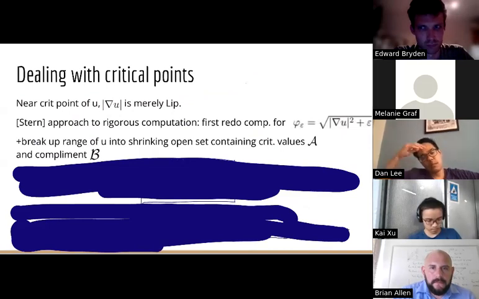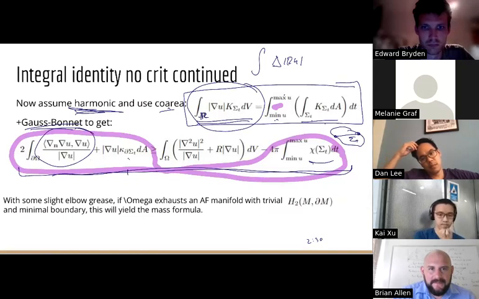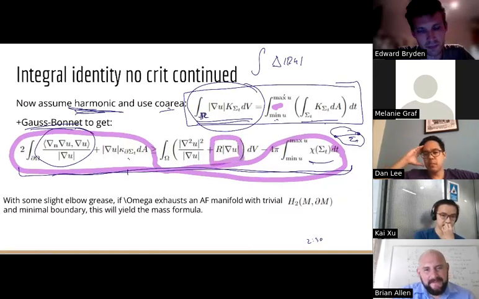May I ask a question? Please. Is there any reason that you would expect the mass to pop out at this point? Good question, and the answer is absolutely, because you have scalar curvature here, and you've integrated it by parts.